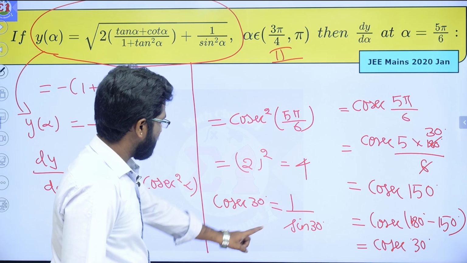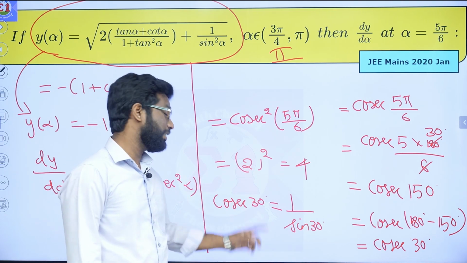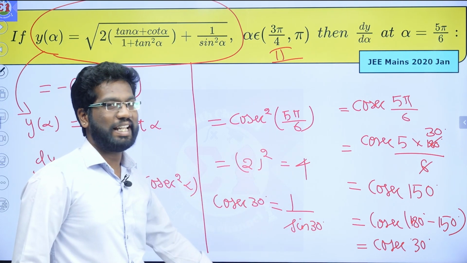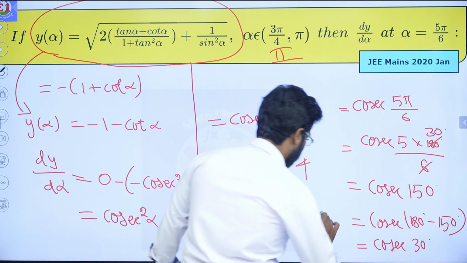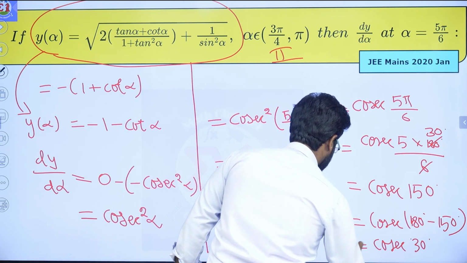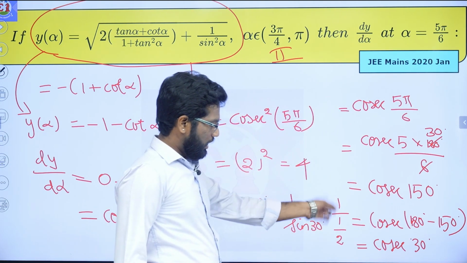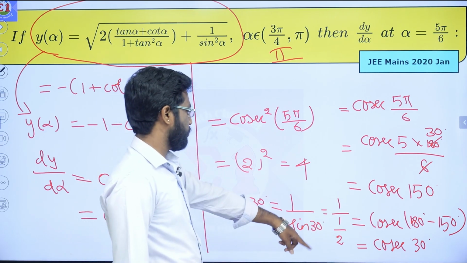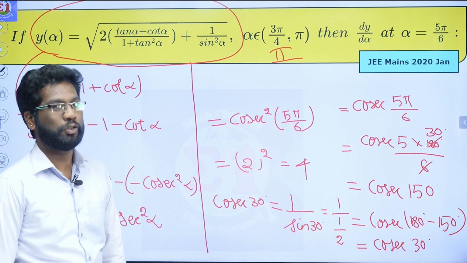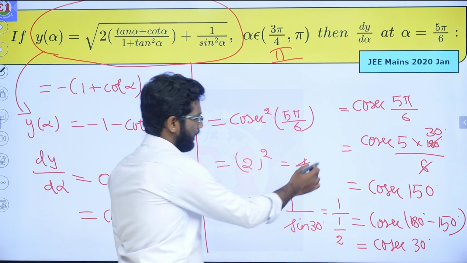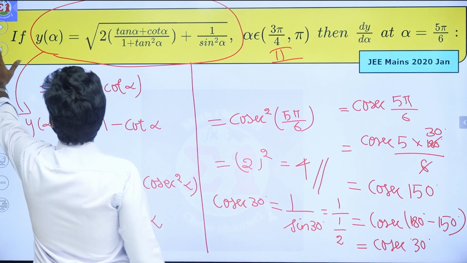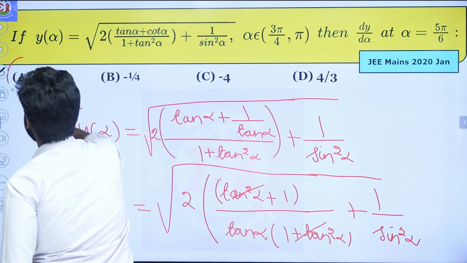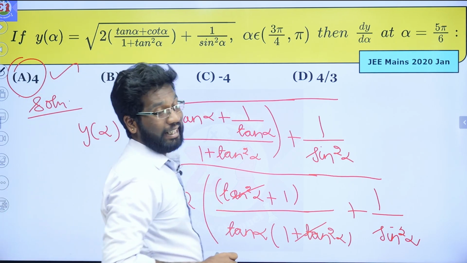Not only is sin equal to 1 by cosecant, cosecant is also 1 by sin. I know the value of sin 30 degree is 1 by 2, so 1 divided by 1 by 2 gives me the value 2. Because of that, I got the answer 4. So the final answer for this question is 4. 4 is the correct answer.